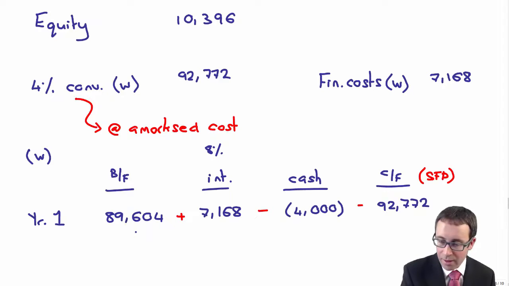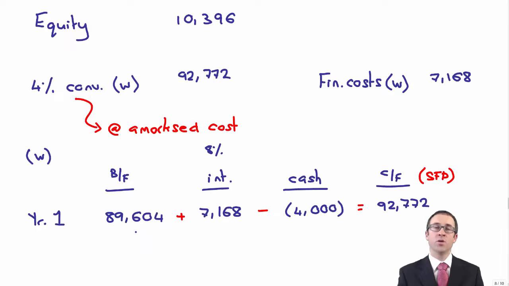You then reduce the liability by any amounts that you are contractually obliged to pay back, which is the coupon rate multiplied by the par value, and then that will give you your closing liability. The key bit about the equity, remember, is that remains unchanged until conversion happens, and we will worry about that at a later date. Okay, not to be seen here within your F2 exam.